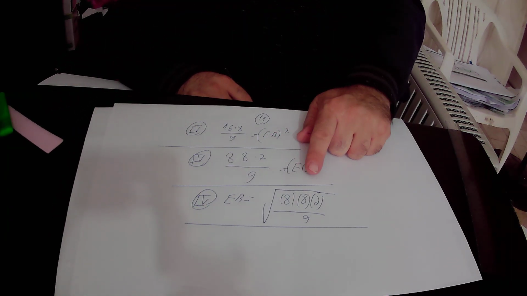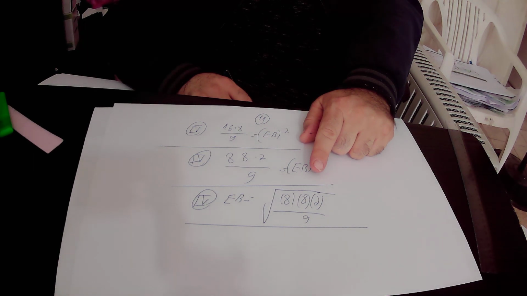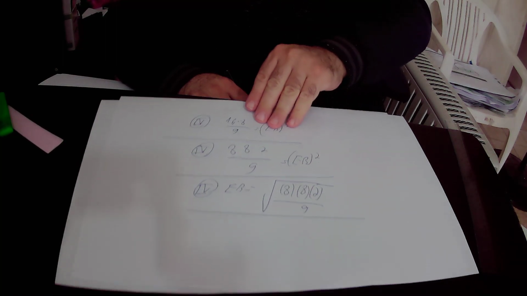So we got that EB equals the square root of 8 times 8 times 2 over 9. The square root of 8 times 8 is 8, and the square root of 9 is 3. So I write it down.